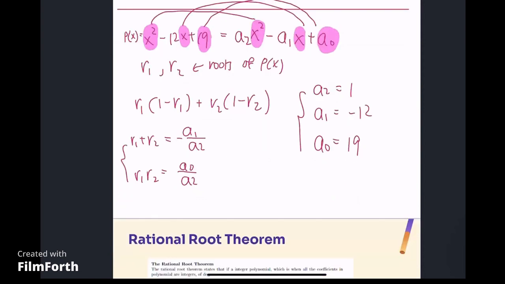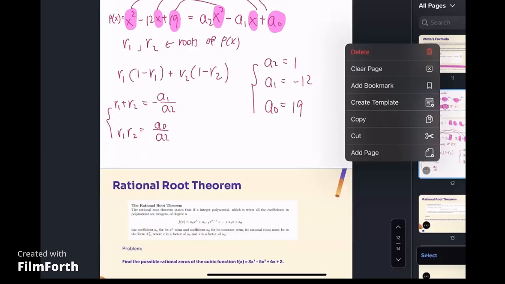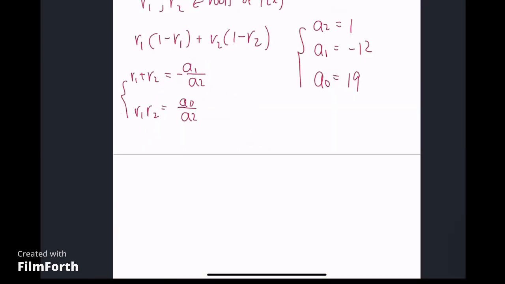Does anyone have any ideas about how we can approach the rest of the question? If somebody wants to present their solution, that'd be amazing, and I think that'd be a really good experience. Be brave. It's okay if you make a mistake.